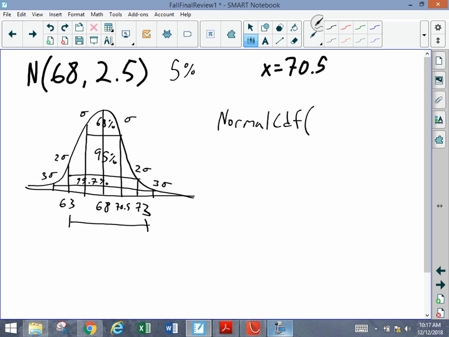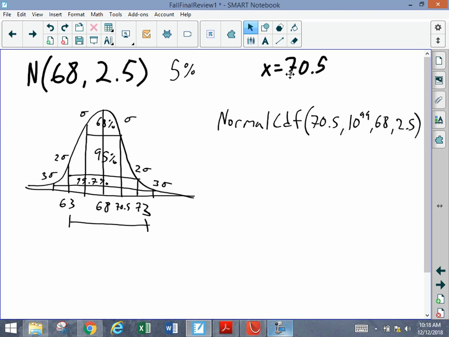It said above 70.5, right? Yes. Upper. Mean. Standard deviation. I think that's the quickest way to get that. So we'll go ahead and do that real quick.